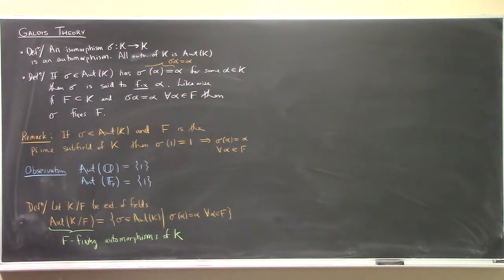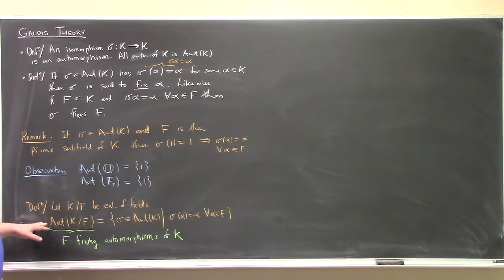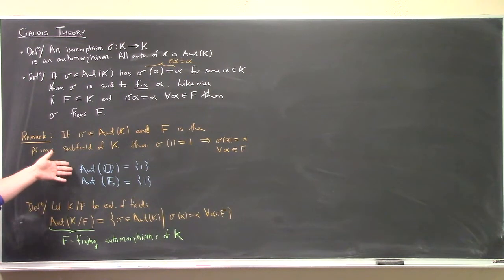All right. So there's always at least the identity map in there, right? And in fact, you can prove that this is a... for a stupid comment, if you look at Aut Q over Q or Aut FP over FP, it's just equal to 1, right?